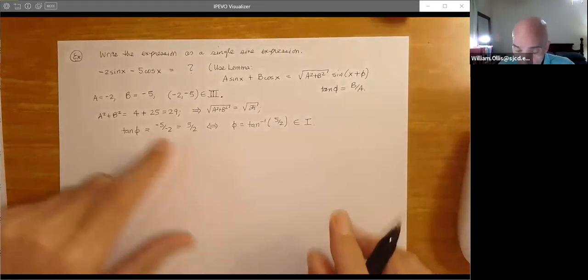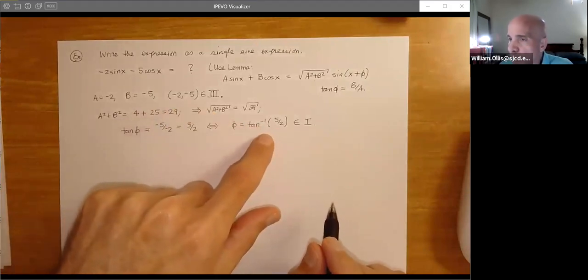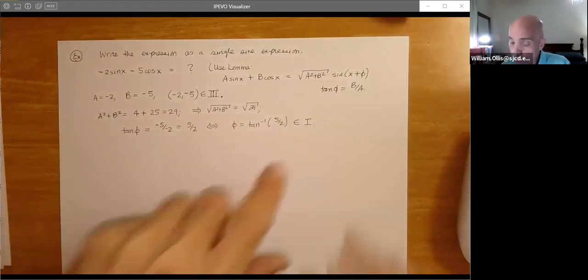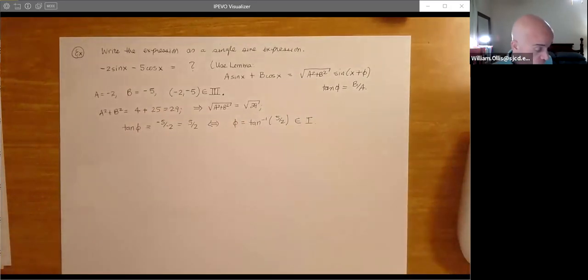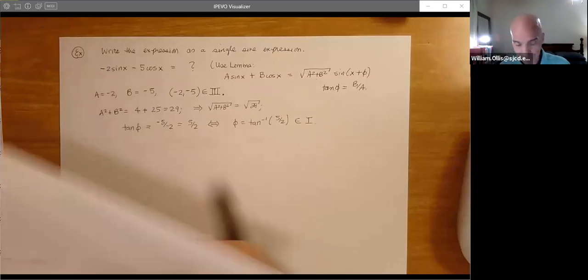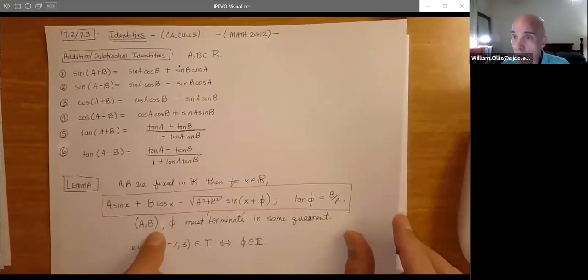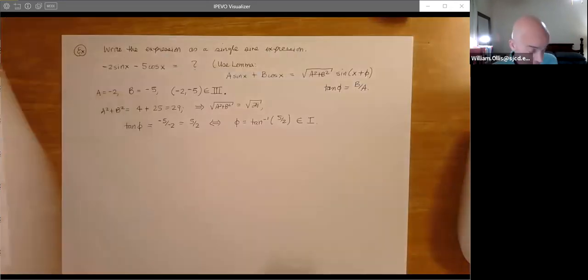So if we look here, we're thinking, okay, we're going to have to add a multiple of pi, or in terms of degrees, we have to add 180 degrees to push this into the third quadrant. So like I said before, it must be the case that these two objects terminate in the same quadrant for this to make any sense.